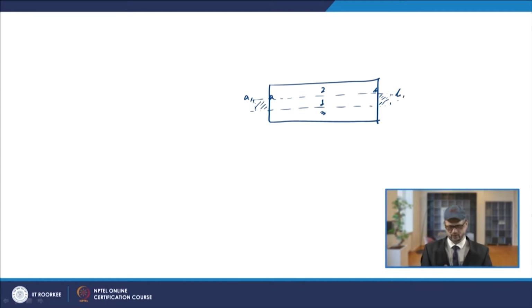So the length of this zone will increase from AB to A1 B1. Now zone 2 and zone 3 will be providing a restraint to the expansion of this zone. Zone 1 will try to expand, whereas zone 2 and zone 3 will be restraining the longitudinal expansion of zone 1.